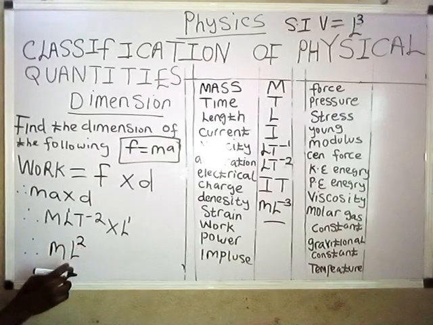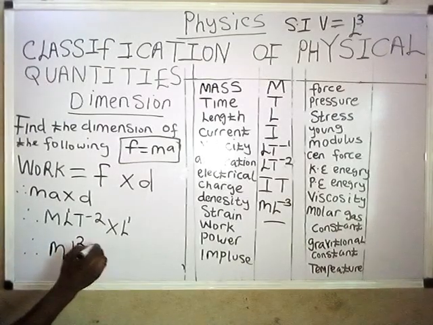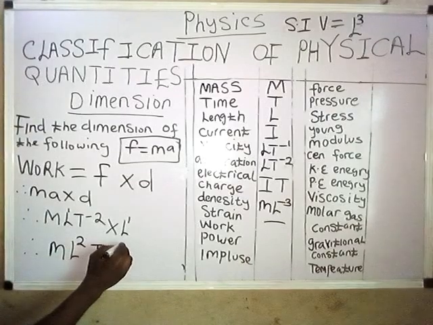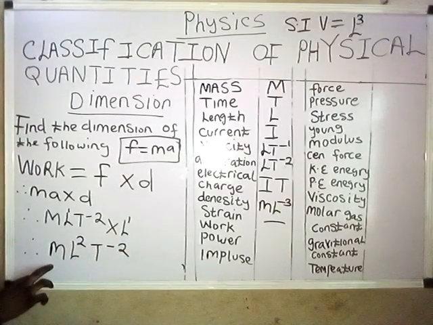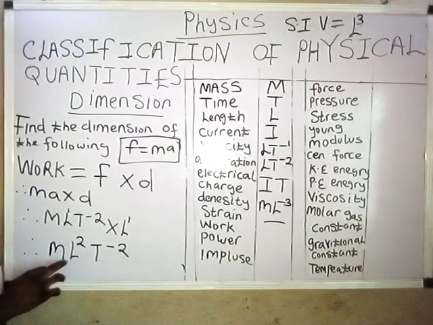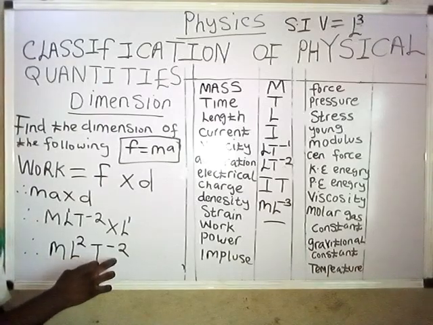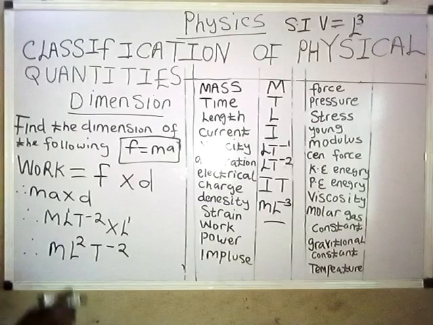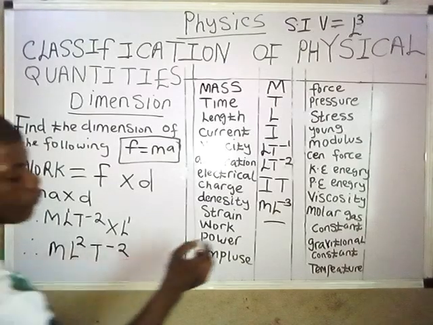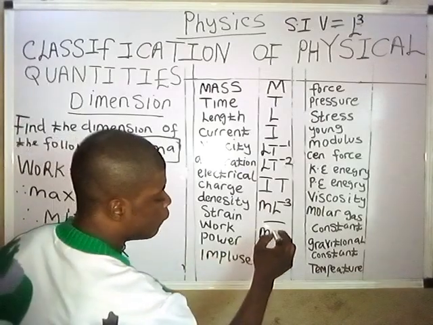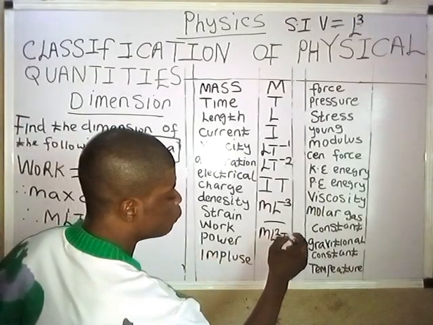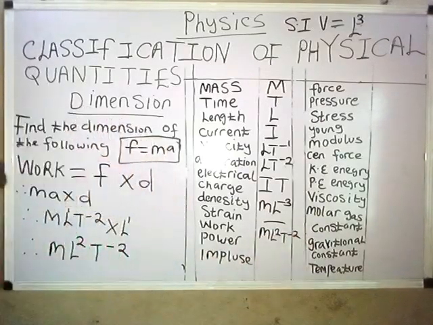So the dimension for work is M L raised to power 2 T raised to power minus 2.